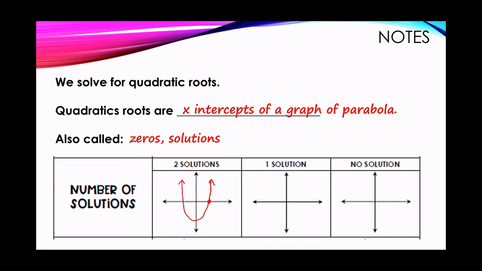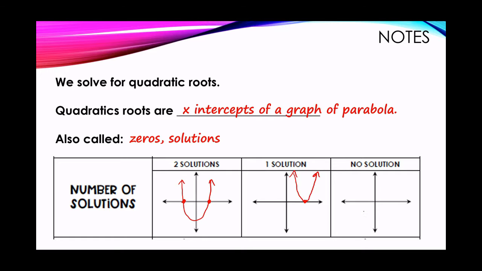I have two x-intercepts right there, okay? Then one solution, well, that's where the vertex is on the x-axis. And I only have one solution because then everything is going to be either above or below that vertex, depending on whether this is a min or max. This one that I just drew is a min, and it has only one solution.